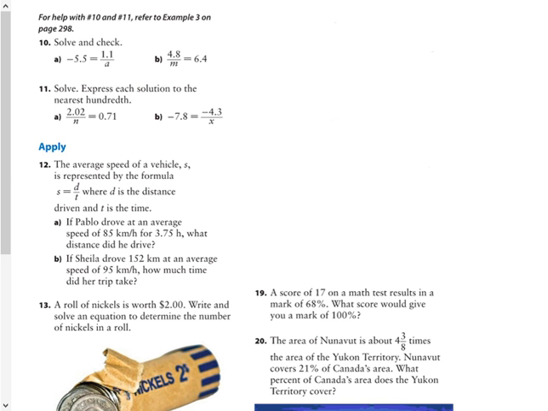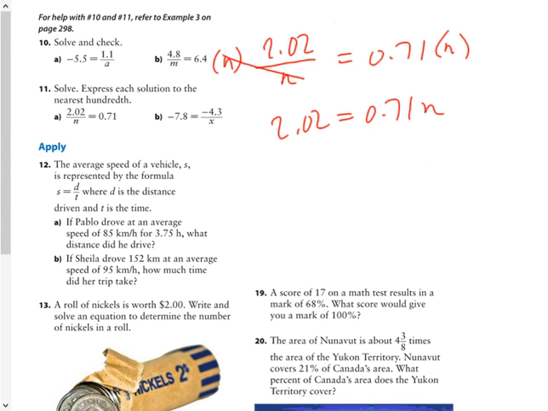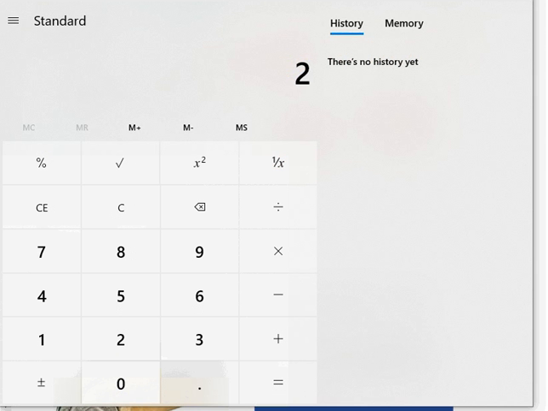Question 11. Same idea. 2.02 divided by n equals 0.71. Multiply both sides by n. I get 2.02 equals 0.71 n. Divide both sides by the coefficient. And I'm going to take my calculator and go 2.02 divided by 0.71.